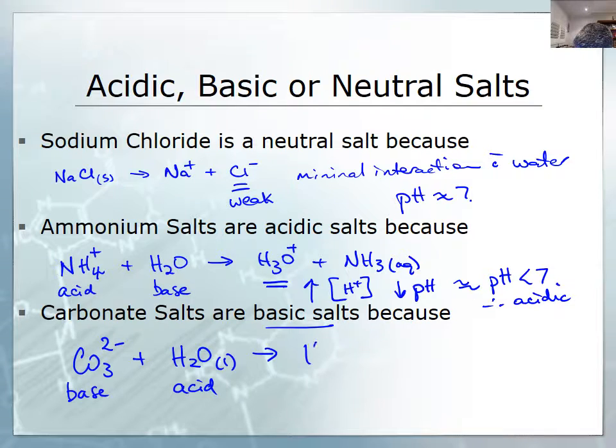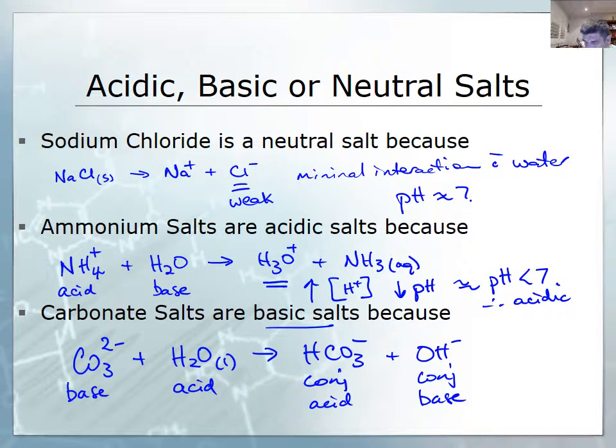They will take the proton from the water molecule to form a conjugate acid. But when they do that, they will leave the conjugate base of water, which is the OH- ion. And as a consequence of that, the concentration of OH- will increase, and therefore the pH will also increase, leaving us with a pH greater than 7.